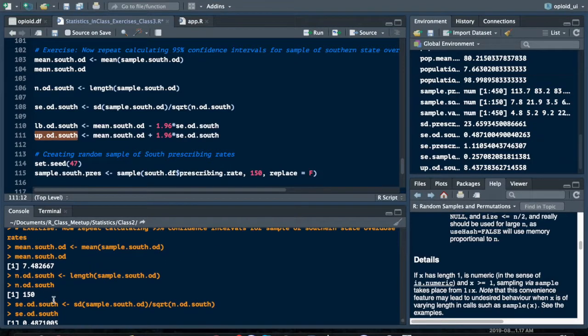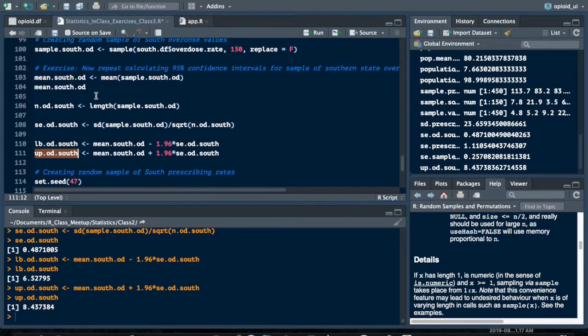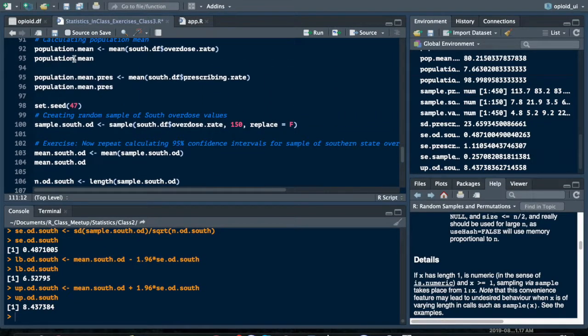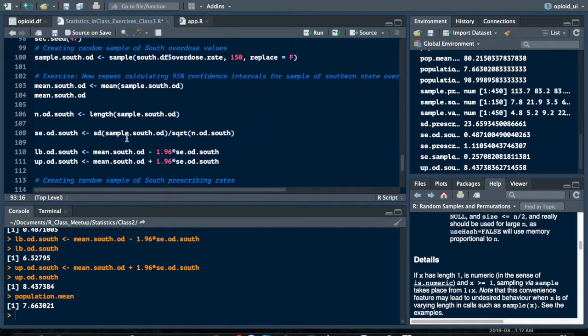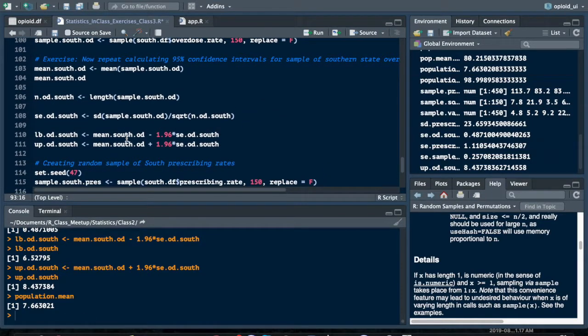So if we scroll up here, or I can just reprint it here. We are looking at overdose rates right now. We can see that 7.66 is within our lower bound and our upper bound of the confidence interval. Just to reiterate, if we ran that over and over again without our seed set, say we ran it 100 times, about 95% of those times our population mean would lie within this confidence interval.